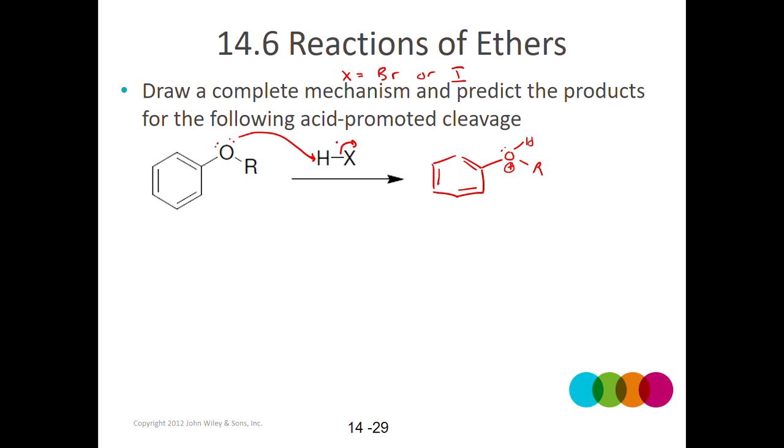So the I minus or Br minus, let's just say it was Br, could come in, not to the oxygen obviously, the oxygen already has a noble gas configuration, it can't accept more electrons. I could imagine it coming in here, pushing out the oxygen, or I could imagine it coming in here and pushing out the oxygen.